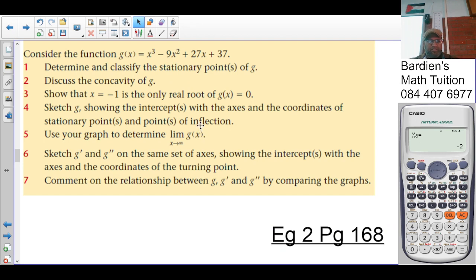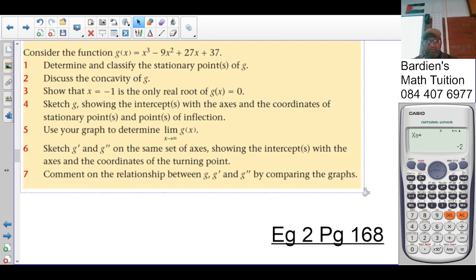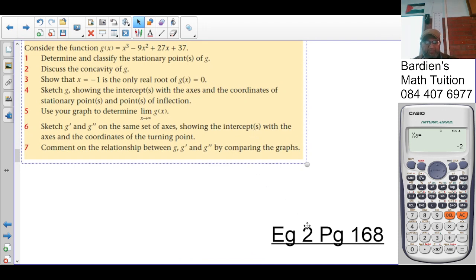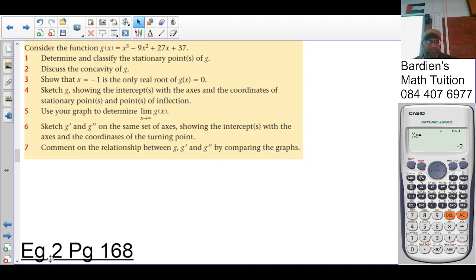Okay, we are told consider the function g of x equals x to the 3 minus 9x squared plus 27x plus 37. The question says determine and classify the stationary points of g.